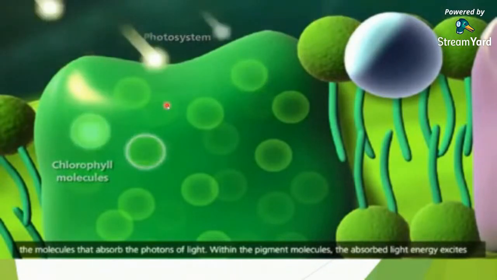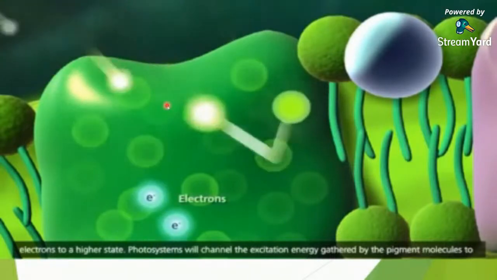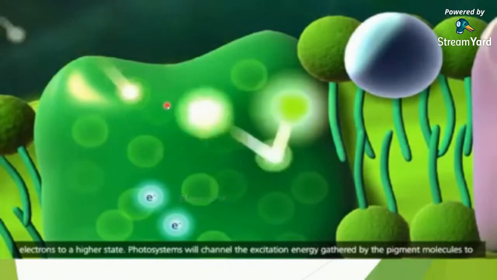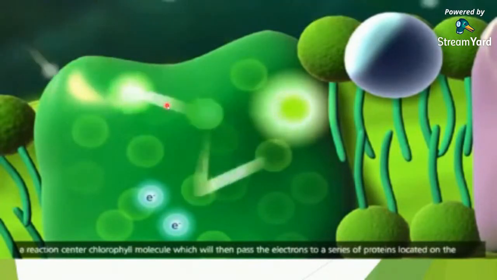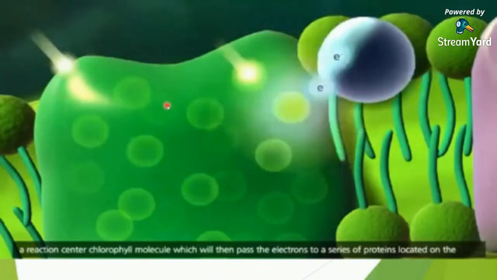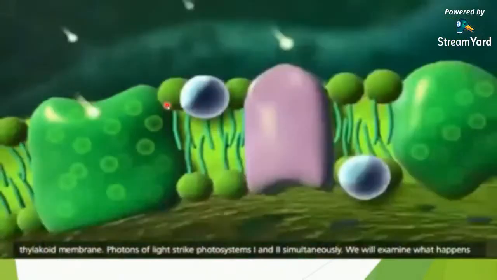Within the pigment molecules, the absorbed light energy excites electrons to a higher state. Photosystems channel the excitation energy gathered by the pigment molecules to a reaction center chlorophyll molecule, which then passes the electrons to a series of proteins located on the thylakoid membrane.